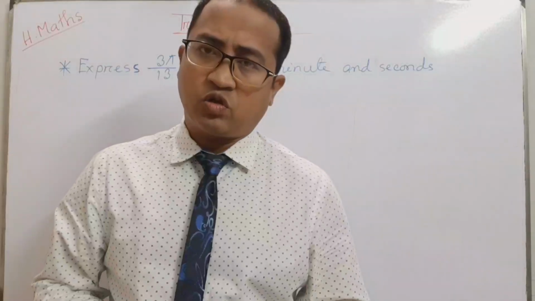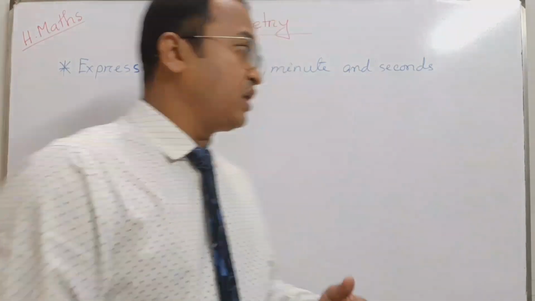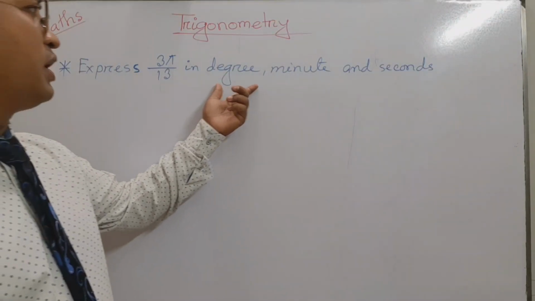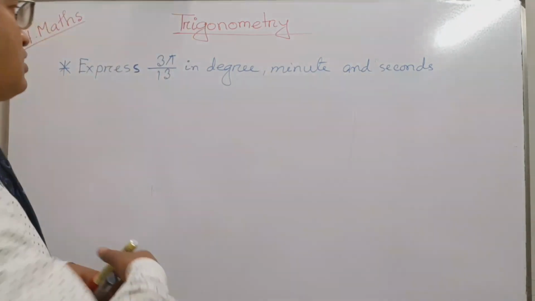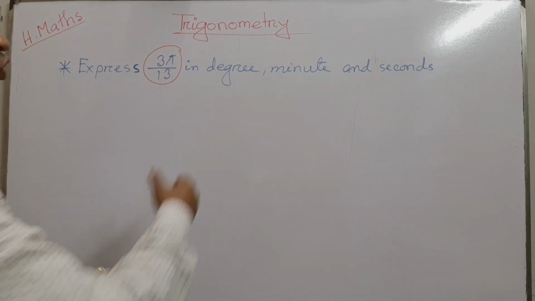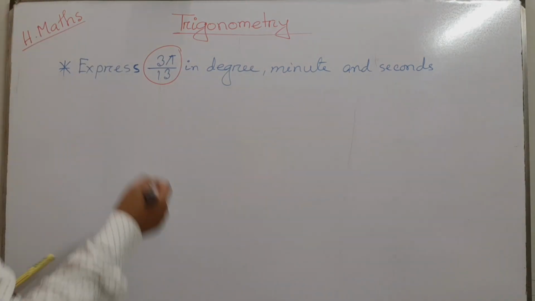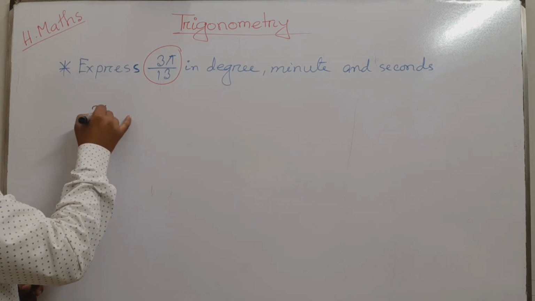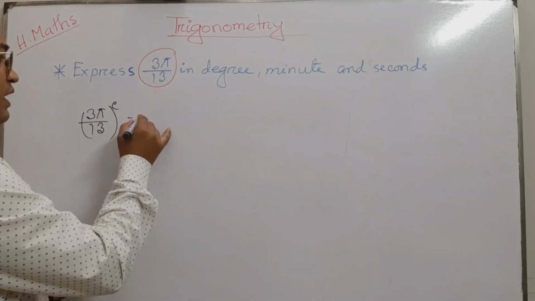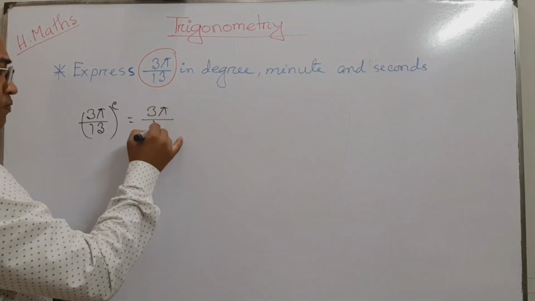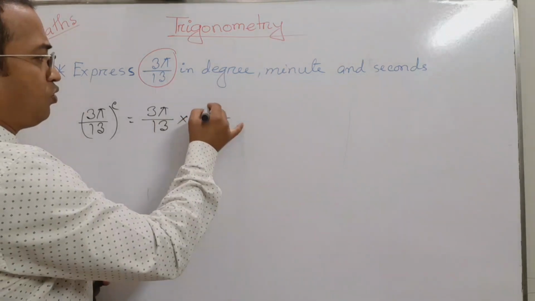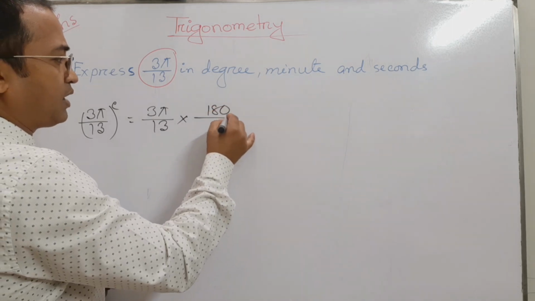Now we will solve another short question, that is radian to degree. It is given 3 pi by 13. We will convert it into degree, minute and second. Actually 3 pi by 13 is given as a radian. We know 1 radian is equal to 180 by pi degree.